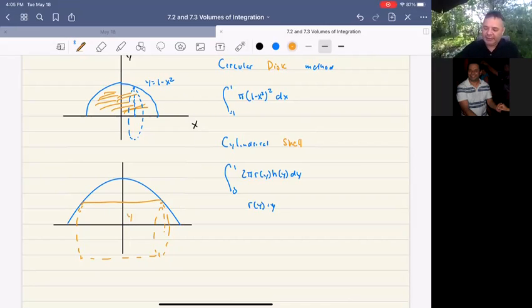Now, let's look at this. So here we have y equals 1 minus x squared. So we could solve this as saying x equals plus or minus the square root of 1 minus y, right? Okay, so what's going on here? This is the positive square root, and this is the negative square root.